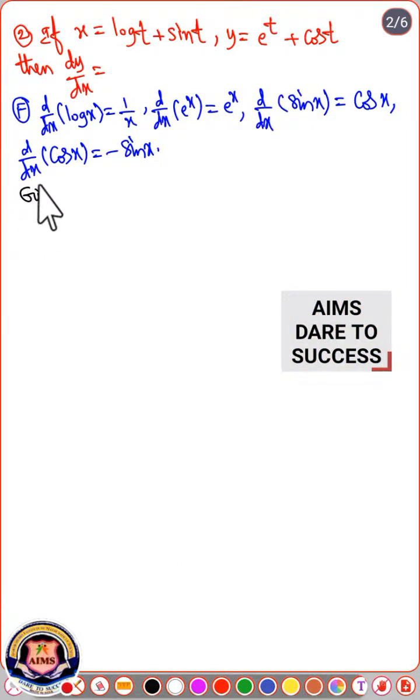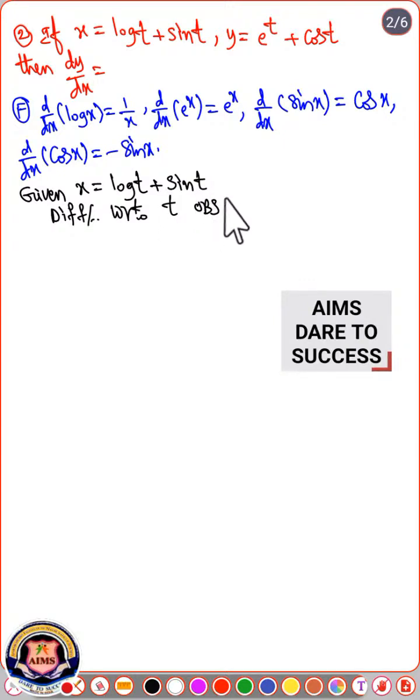Now I am continuing with the given value. So given x is equal to log t plus sin t. Differentiating with respect to t on both sides we get. Why?